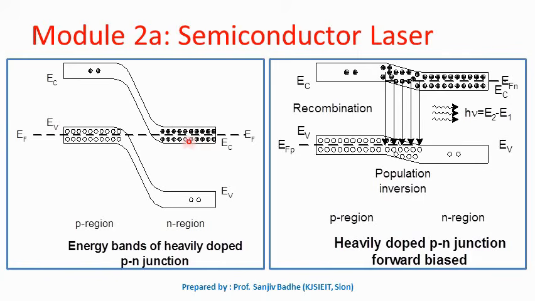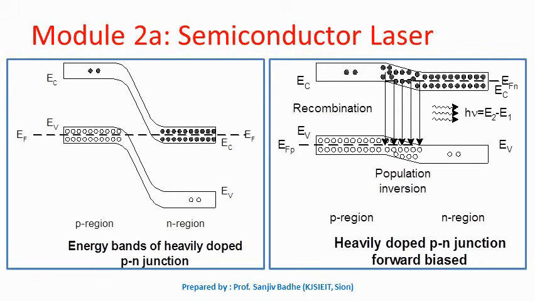So here also, if these electrons recombine with the holes in valence band, photon of energy EC minus EV will be given out. So the principle of working of semiconductor laser is what? Recombination.